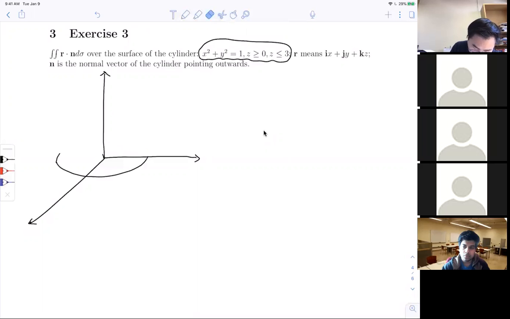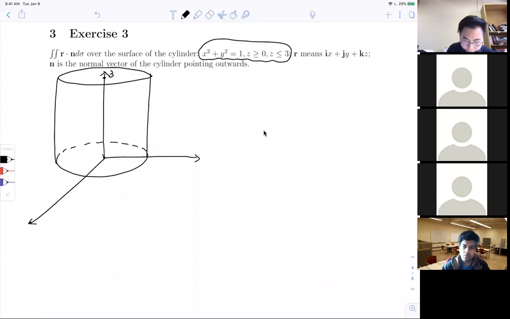Let's draw it like this, and the cylinder is between 0 and 3. This is 3. So the integration region is only this kind of surface.